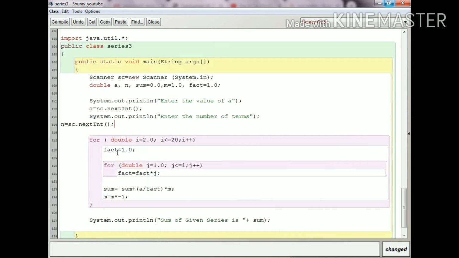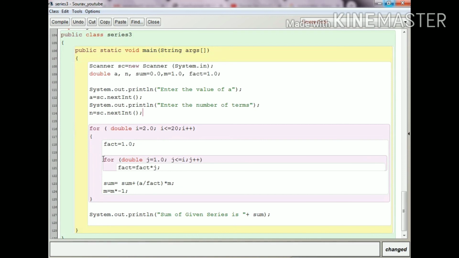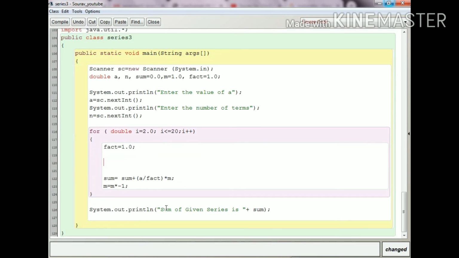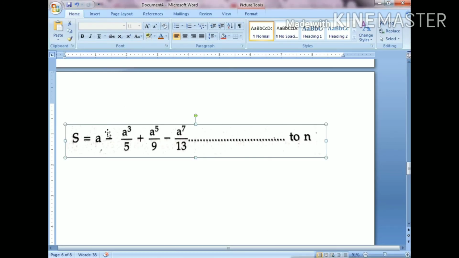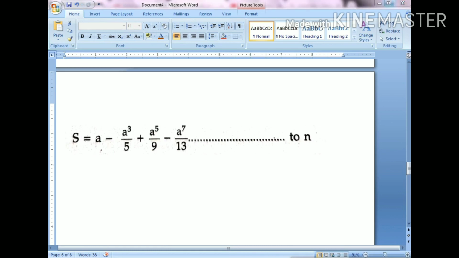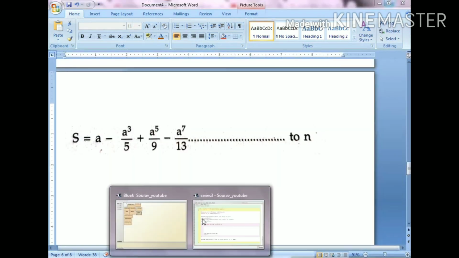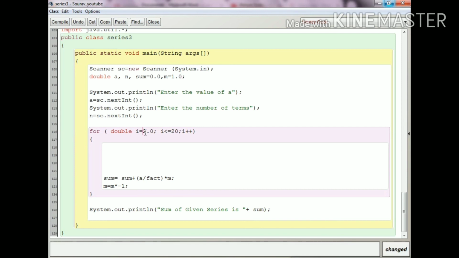Just delete this part, no need of fact. Okay, I delete this fact also. Now here I need 1, 3, 5, 7. So I have to write i equals 1, i less than equals n, and i plus equals 2.